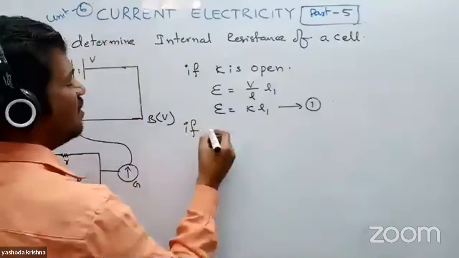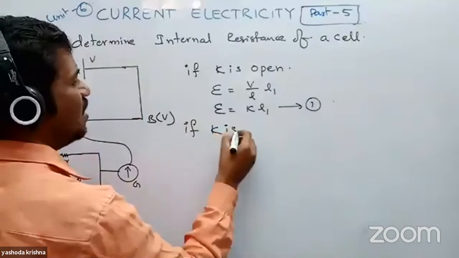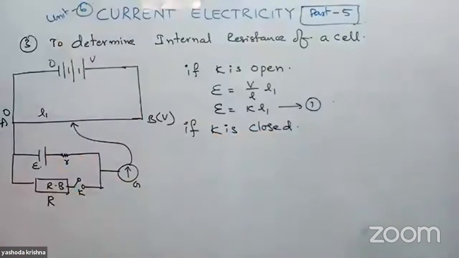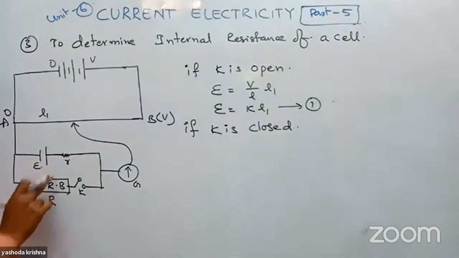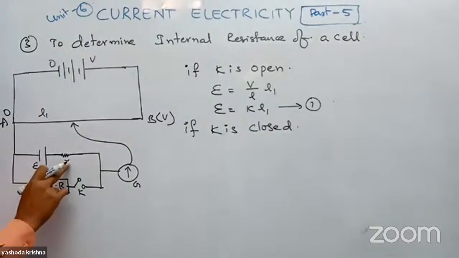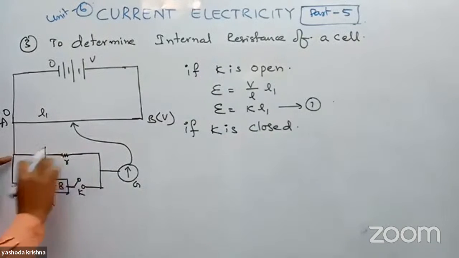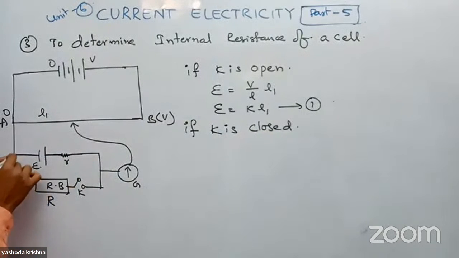If K is closed, for this circuit, what is the total resistance? R plus r, since the resistors are connected in series. This is the battery. How much current passes through the internal circuit?